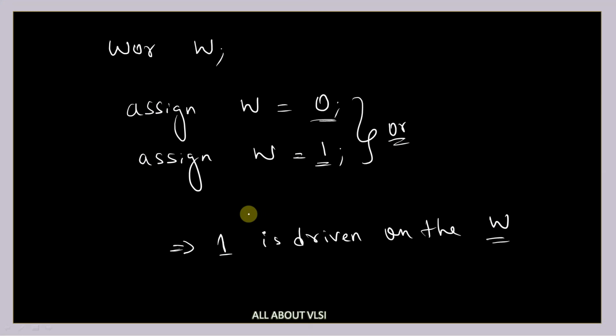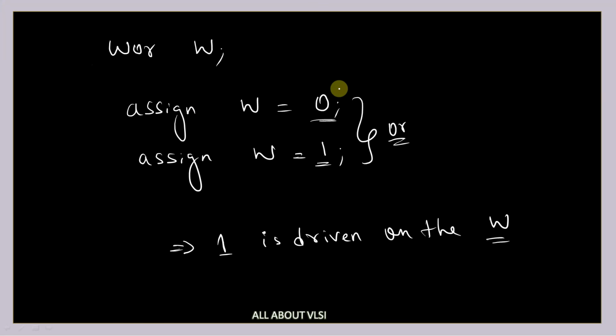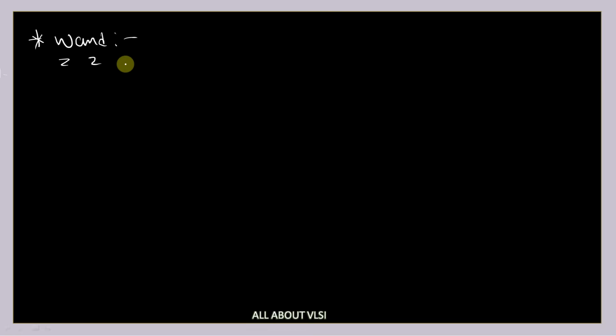Is it clear? Next, coming to wand. In the case of wor, it performs the OR operation, and in the case of wand, it is going to perform the AND operation. That's it.